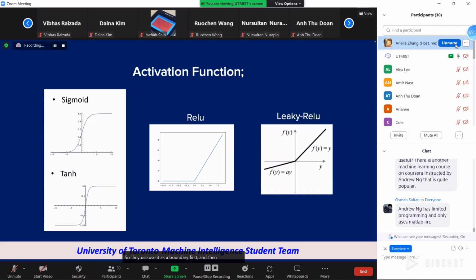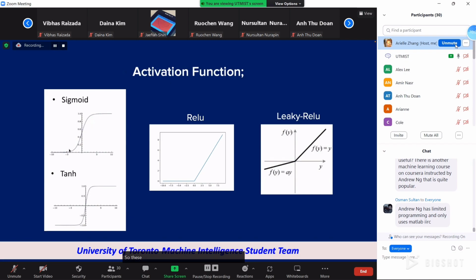But the most important reason we add this is not because we want to bound. The most important reason is that we want to shape it not as a linear curve. We want to add non-linearity into it. And this is exactly the reason why a neural network works, because it's not just a set of linear decision boundaries.